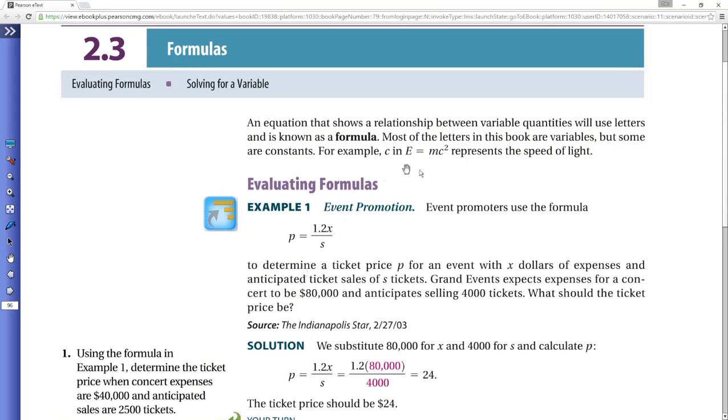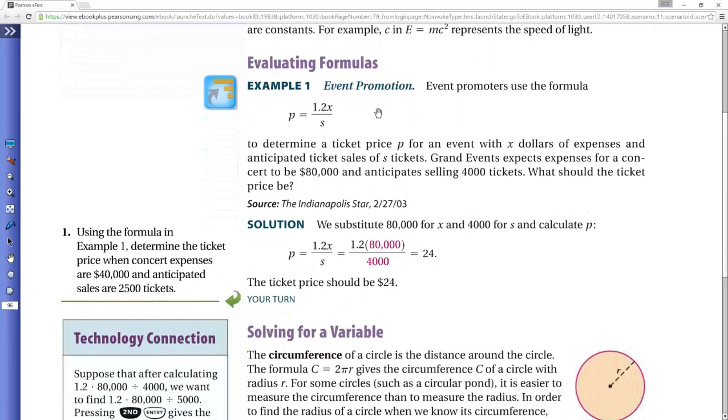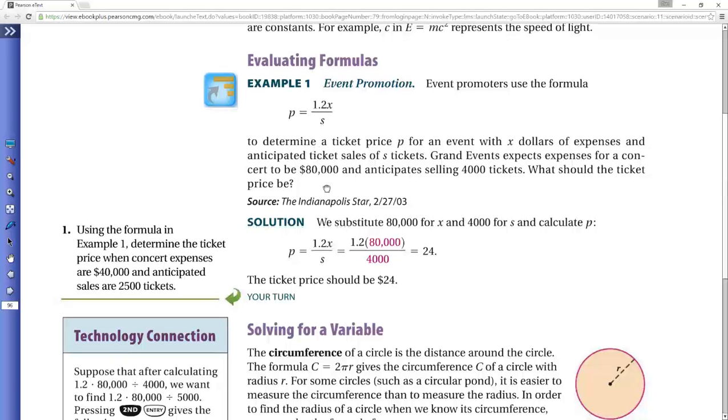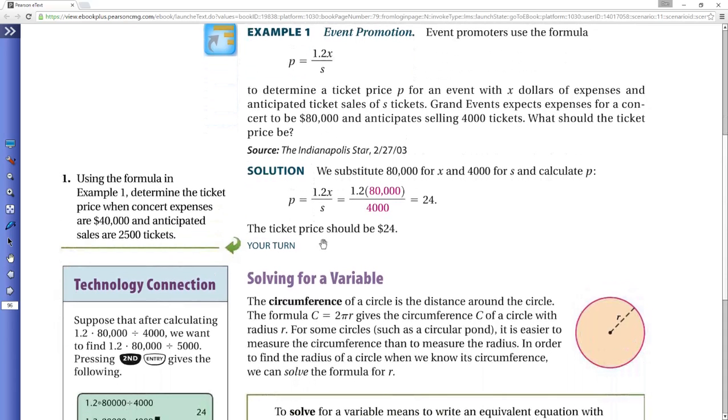So if we have like energy equals mass times the speed of light squared, those kinds of things, those are formulas. So you're looking at these formulas, they still have like this formula here, P equals 1.2x over S. If we put values into that, numbers come out of that.